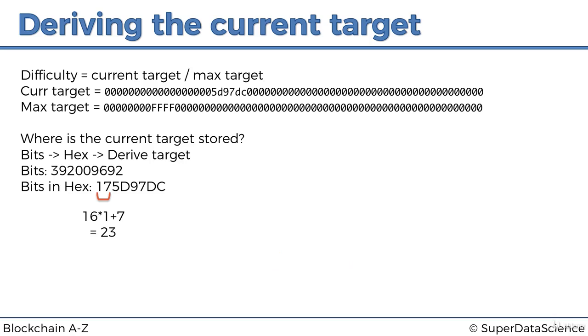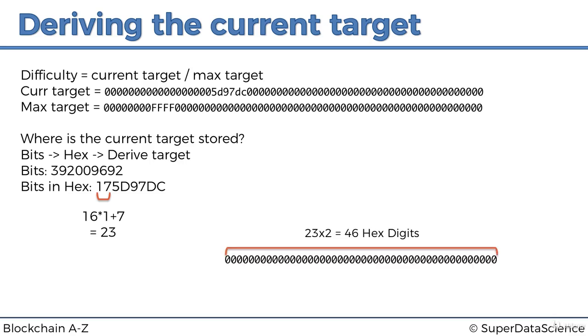So what we're going to do now is draw 23 times 2, important to multiply by 2, so 46 hex digits. Why are we drawing 46? So that's the length of our number. 23 bytes is actually 46 hex digits. Why is that?